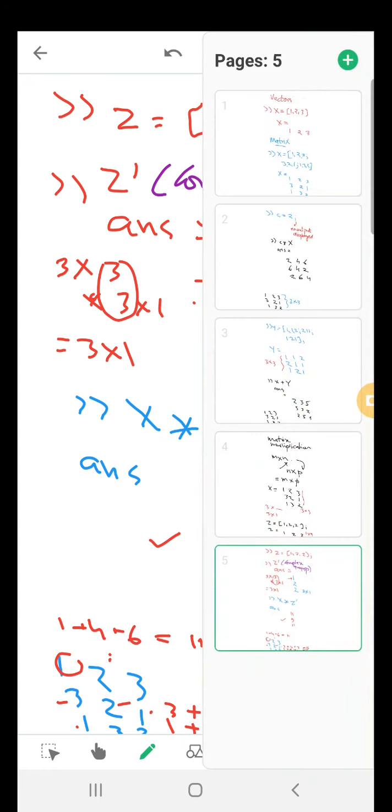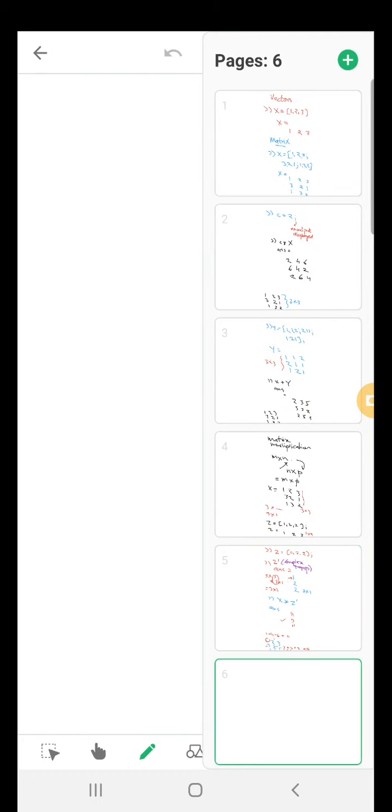There are a lot of operations in Matlab. Some of them we have already discussed in our previous section, and now giving a focus on some more operations.